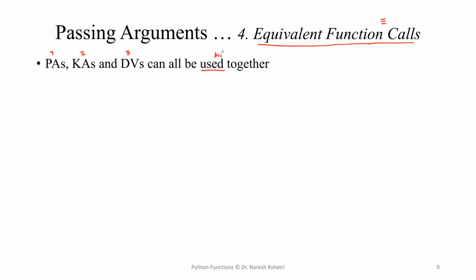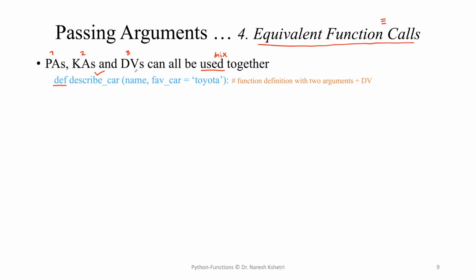Yeah, so we are mixing all those three argument calls together, and for that we define a function with the def keyword. As you already know, after def, describe_car is the function name, and we have two arguments.